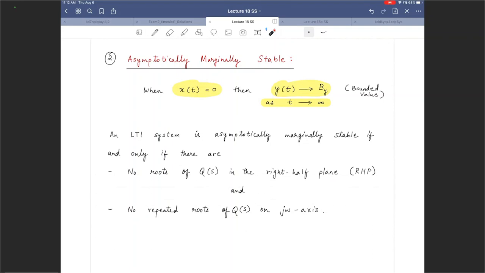If those conditions are met, then you have marginally stable behavior. How would that look like? Well, that would simply look like this. Suppose you have poles 1 and 2, right? You have two poles here. They are not repeated, but there are two unique poles on the j omega axis. That will lead to marginally stable behavior.